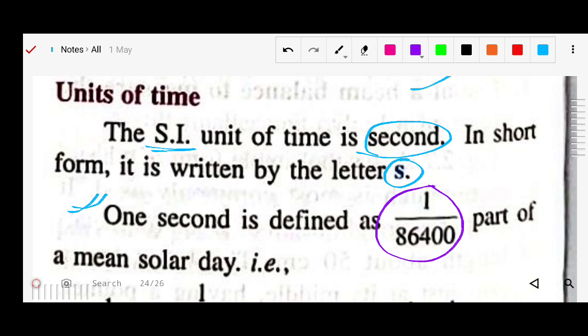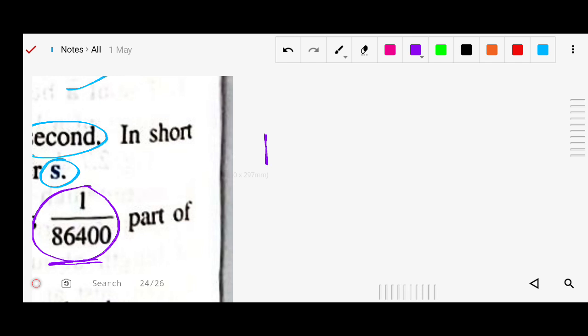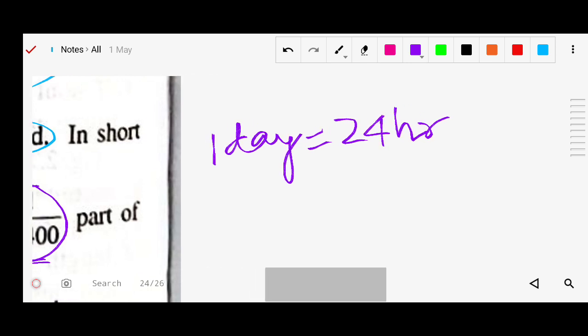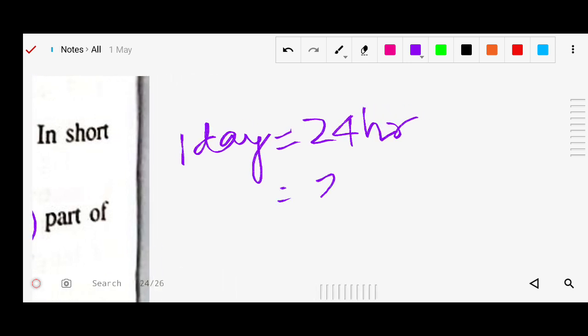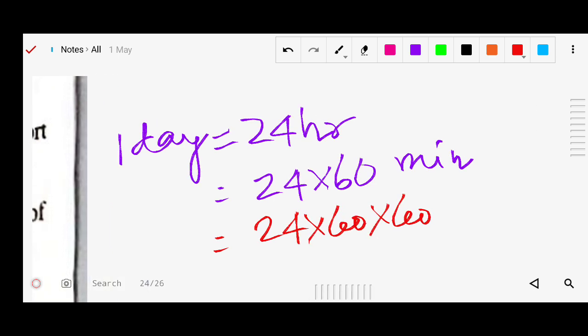Now just see where this comes from. In one day, as you know, how many hours are there? 24 hours, right? If you multiply this 24 hours by 60, it becomes minutes. Now multiply again by 60, and it becomes seconds.